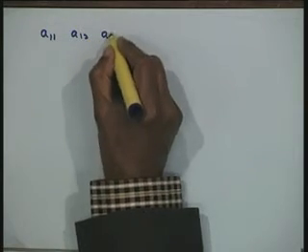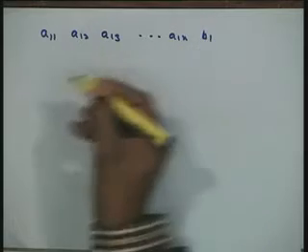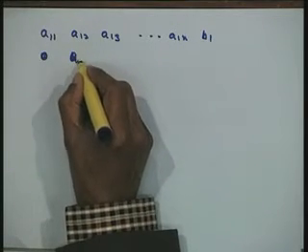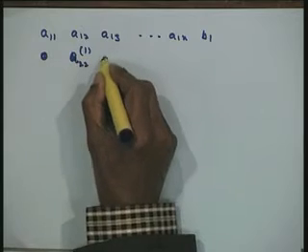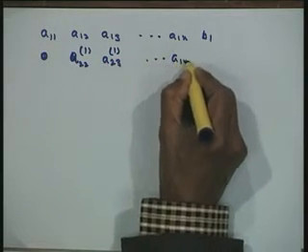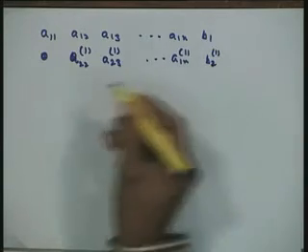Now when the procedure is complete, let us see how the matrix looks like. I would repeat the same thing. Let us write down A11, A12, A13, A1n, B1, that is the first row, then 0, A22 of 1, A23 of 1, A2n of 1, that is equal to B2 of 1.